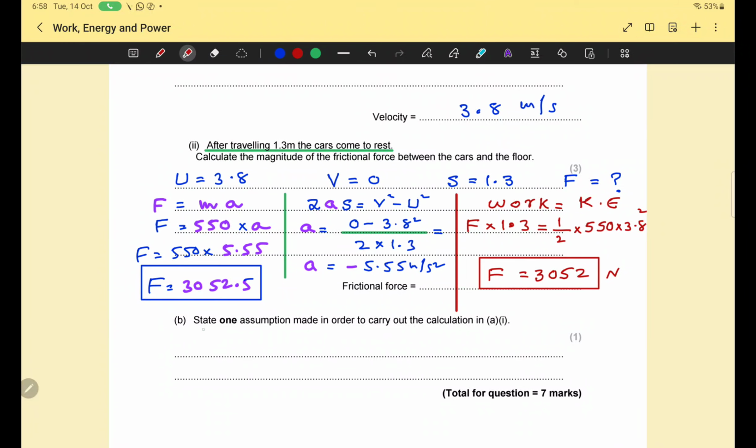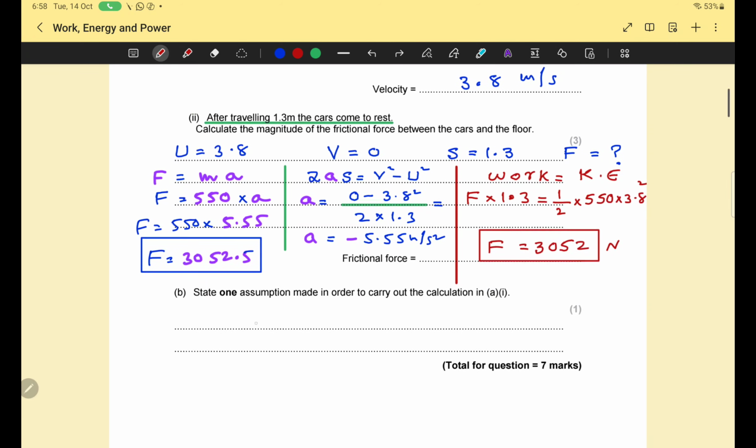Whenever two objects are making collision, then we assume there is no external force acting on the system. This is the assumption. Whenever two bodies are making collision, we apply this assumption, no external force acting on the system.